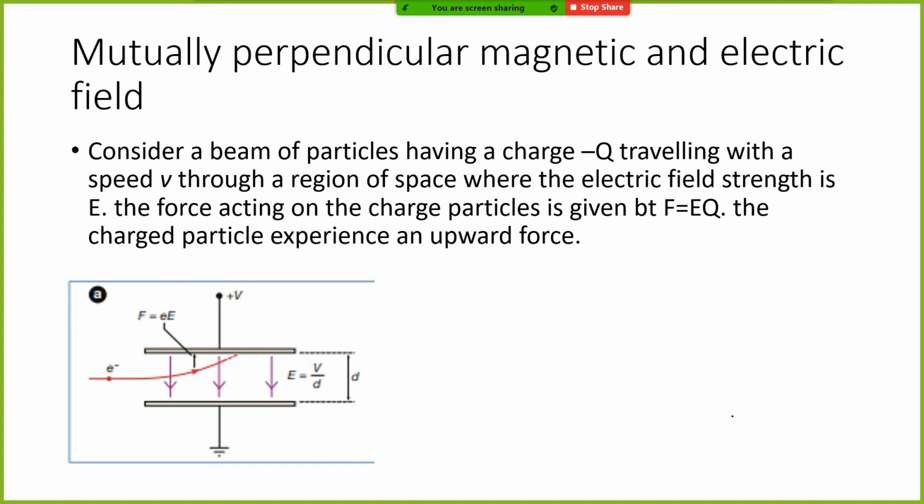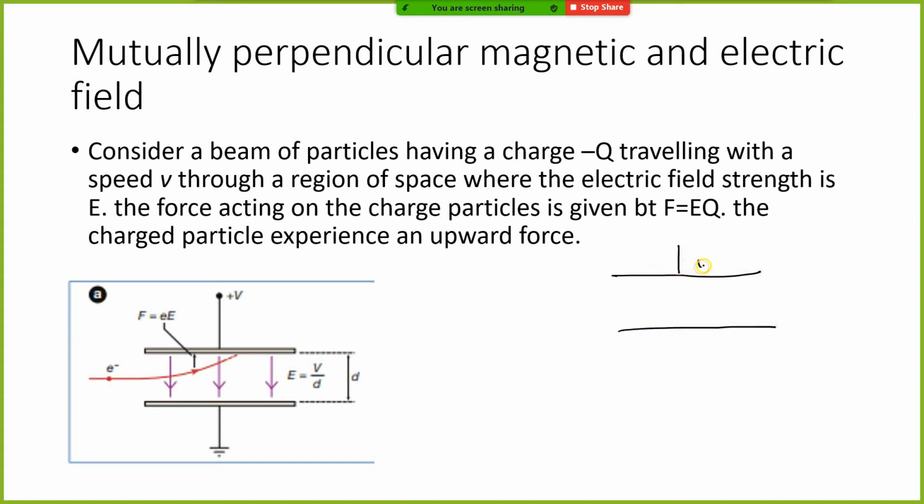There's a point where we can tie them in together. Firstly, we're going to look at what happens when a charge is fired in between two charged plates. I don't know if you remember the whole thing about electric fields and all of that, but whenever you have two parallel plates, right?